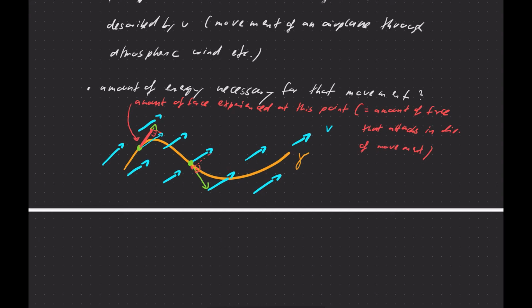So the force that we experience is this here. That's the amount of force that we actually experience here. Okay, so that is a lot smaller because at that point the vector field and our direction of movement are almost perpendicular. Whereas in this point here, we almost move in the same direction as the vector field.